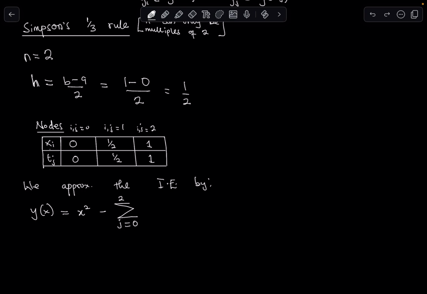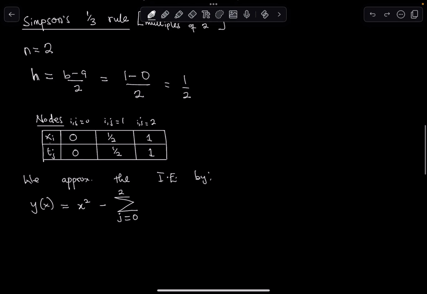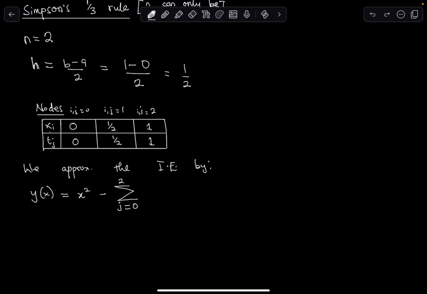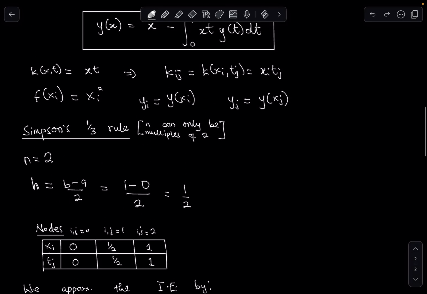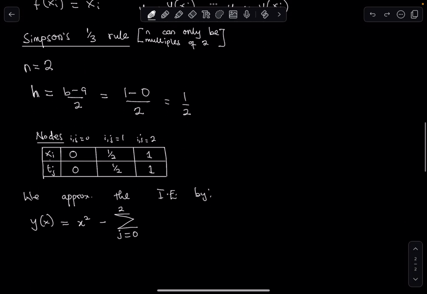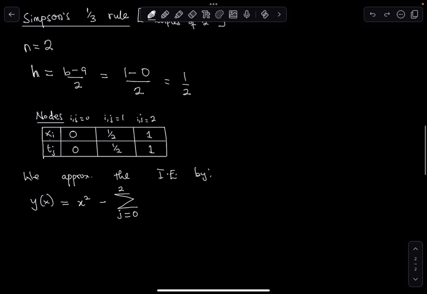That's why I have my x untouched. So we are not worried about our xi's right now. We are only worried about our tj's if you are writing out the general solution, okay? So keep that in mind. So now this is going to be equal to some alpha j, right?